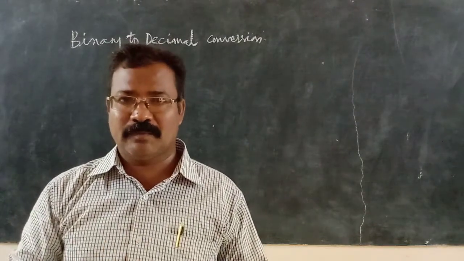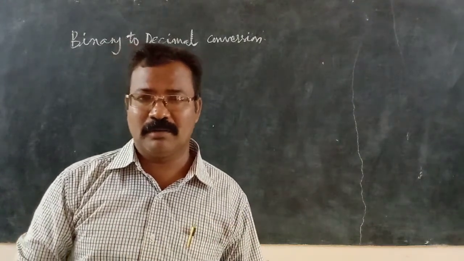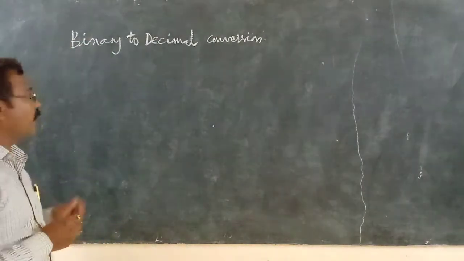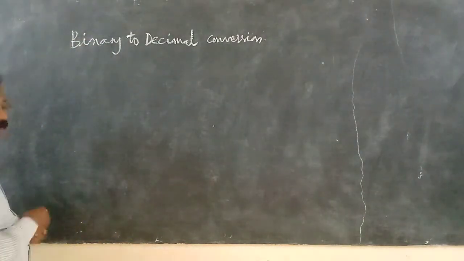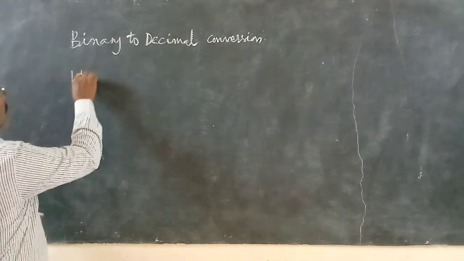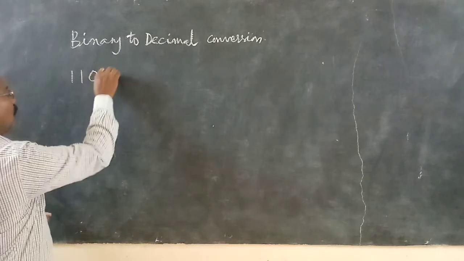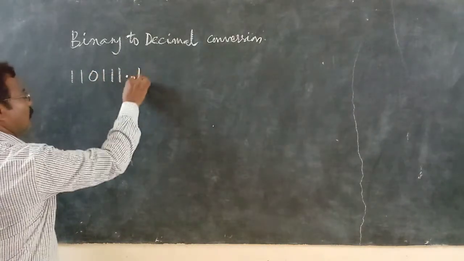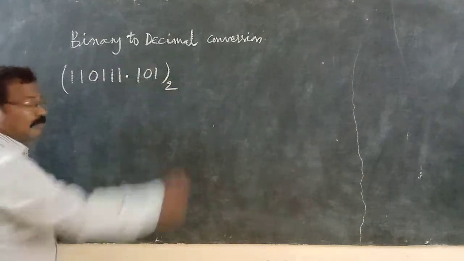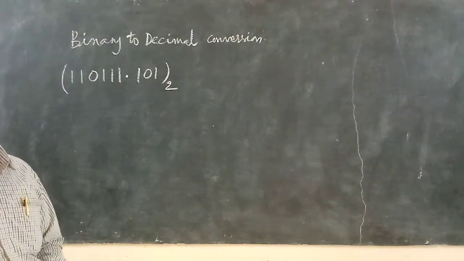So first, let us take one example for this conversion. Let us take one binary number, 110.101. This is the binary number.